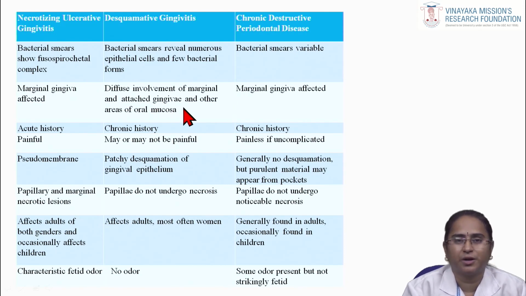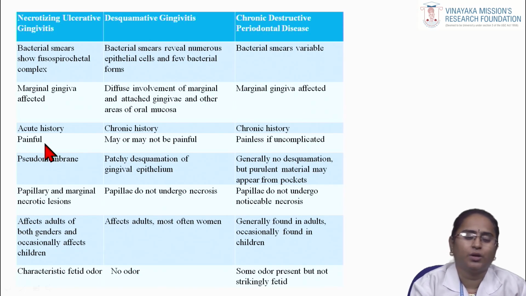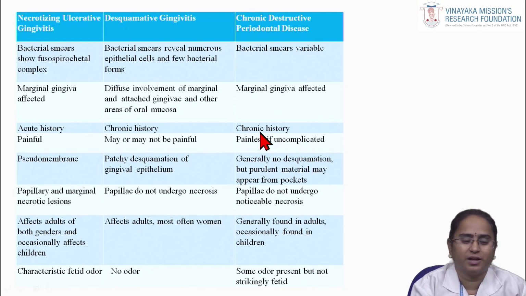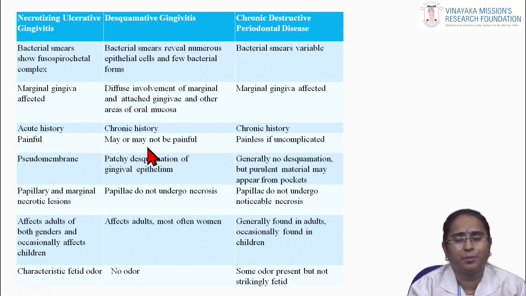In chronic periodontal disease the marginal gingiva is affected. NUG has an acute history, whereas both desquamative gingivitis and chronic periodontitis have a chronic history. NUG is painful. Desquamative gingivitis may or may not be painful, whereas chronic periodontitis is painless unless complicated by secondary infection.